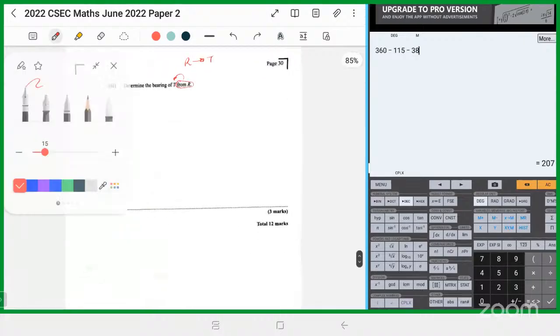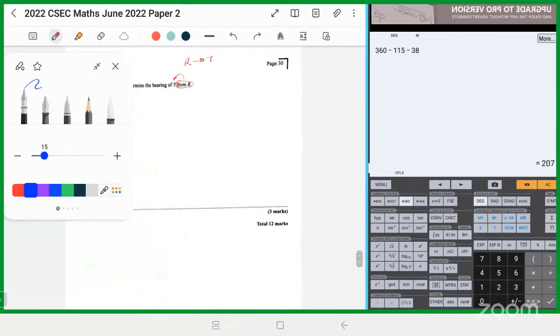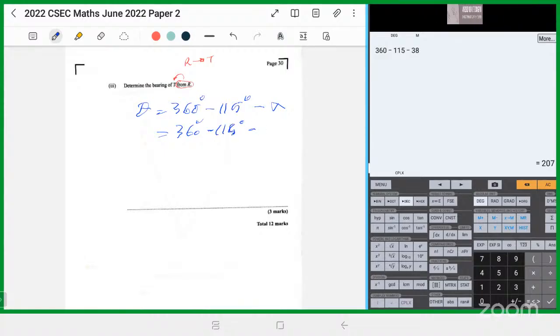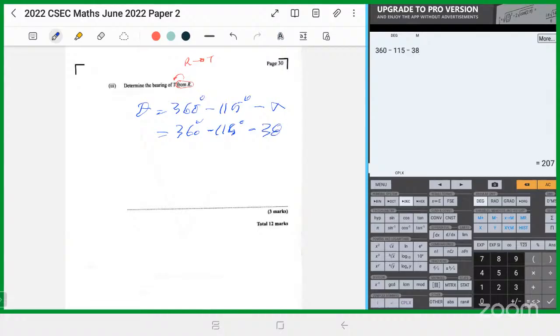Theta is 360 minus 115 minus alpha, which is 360 minus 115 minus 38, which then is 207 degrees.